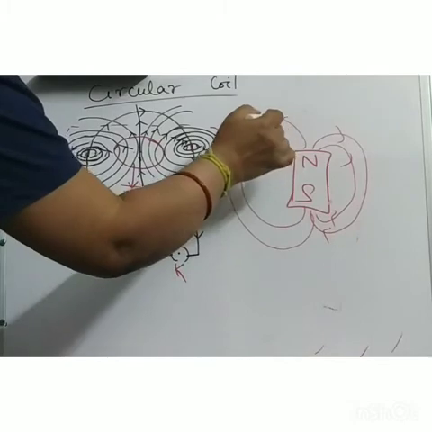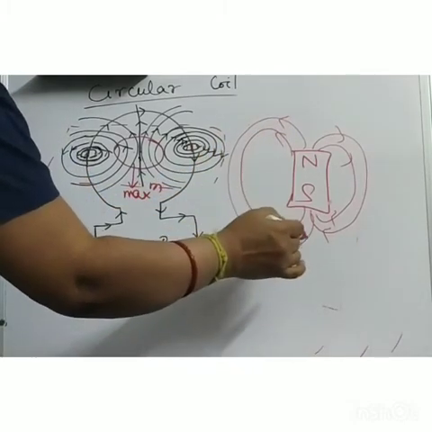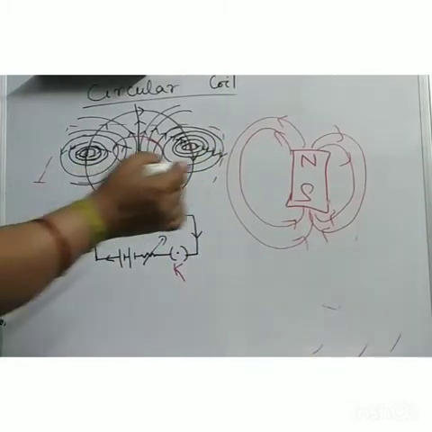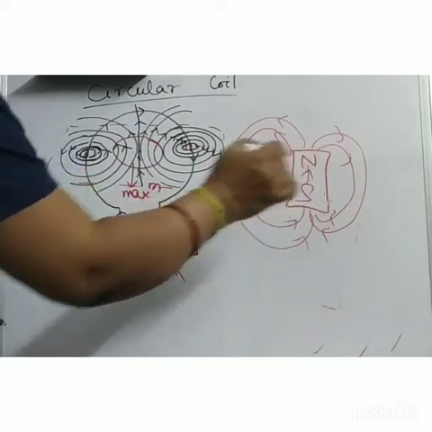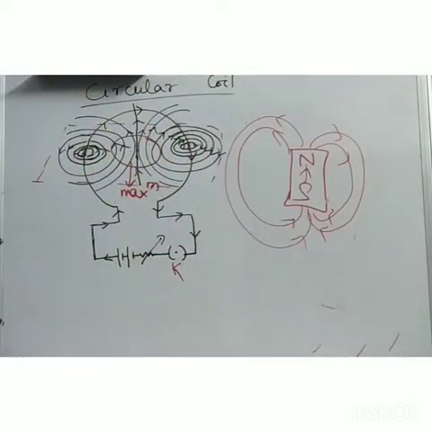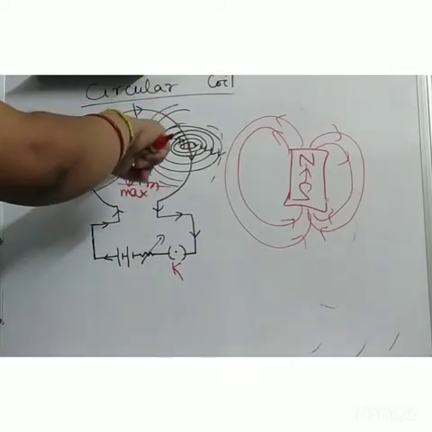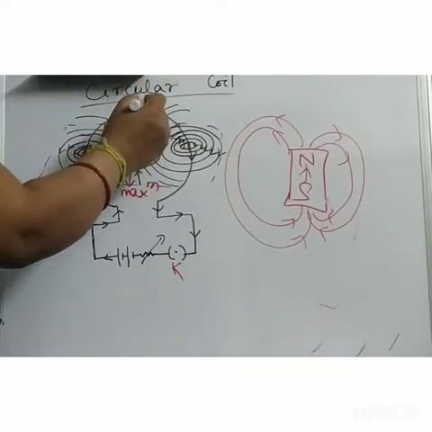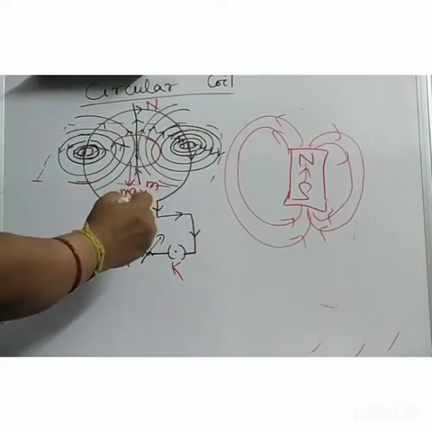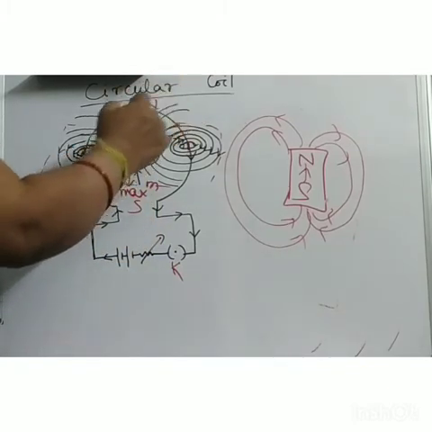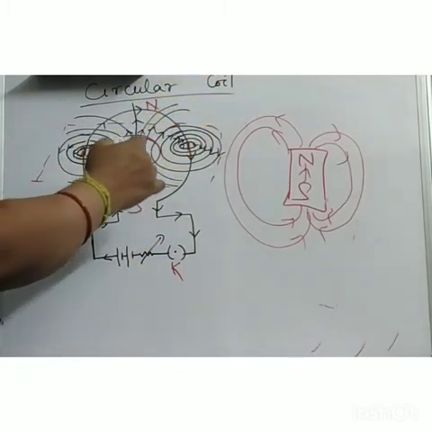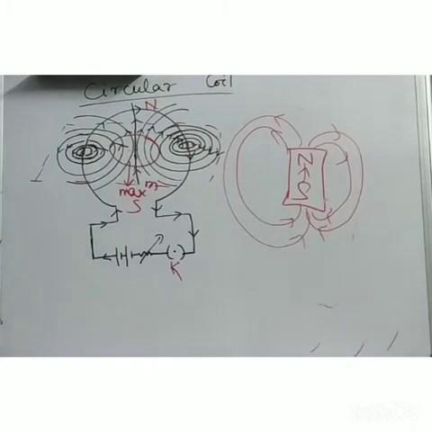North pole originating and terminating at the south pole, and inside it is south to north. So it is a closed circular loop. Here also we are getting a closed loop. Now in this case, this is your north pole and this is your south pole. Here it is originating and here it is terminating. So this is one way to look at it.